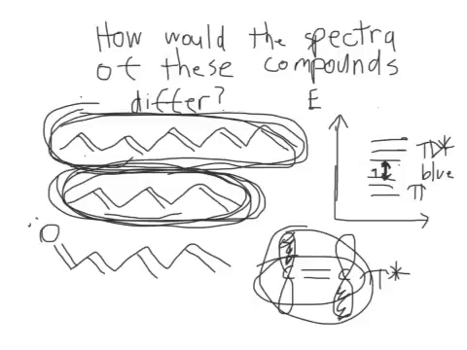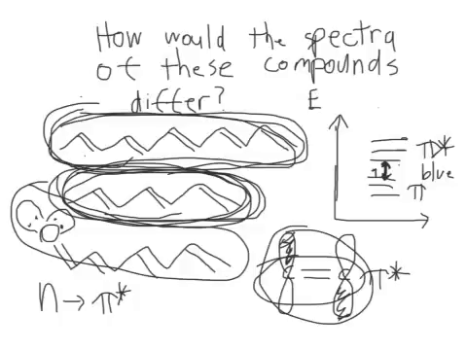This guy's special because it has these non-bonding electrons here. There's a couple lone pairs on the oxygen. And if these electrons get excited, it's an n to pi star transition. So this molecule will have an additional absorption band, an n to pi star, as well as the pi to pi star.